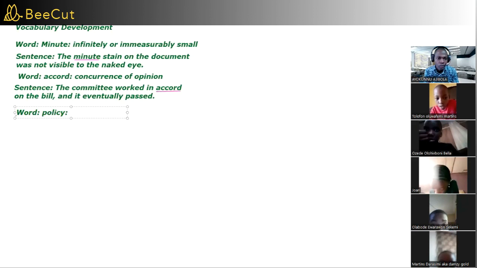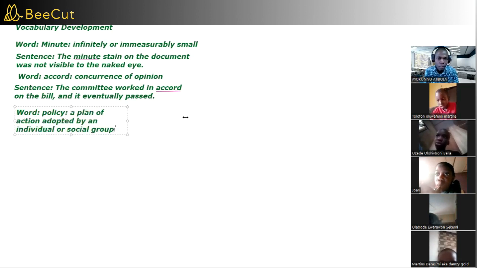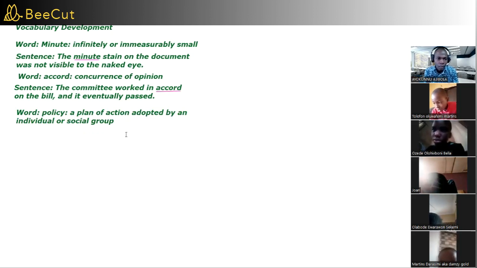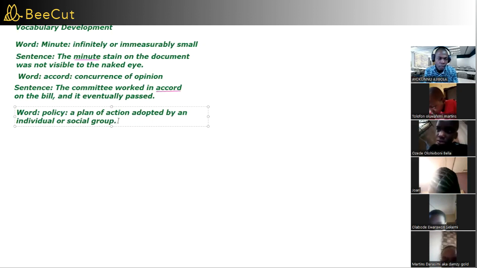So policy simply means a plan of action adopted by an individual or a social group. You know, what guides their action, what they follow before they act. That is their policy. As an individual, you could have a policy and say, okay, this is my policy. I don't do this before doing that, or I do this before doing that. So that's the word policy.